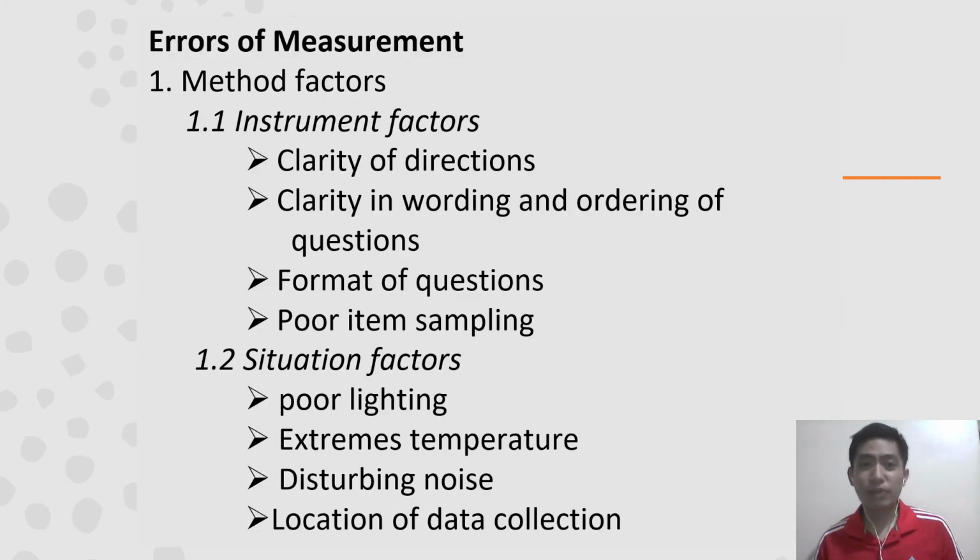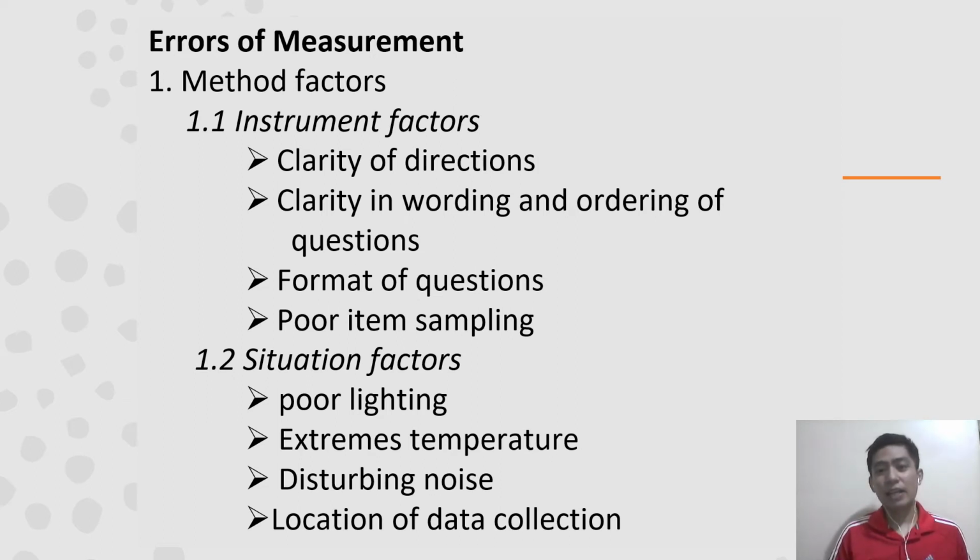Errors of measurement. So we have method factors, we have instrument factors. Some of the questionnaires may have no directions or clarity. So there's clarity in wording and ordering of questions, format of questions, and poor item sampling. For improvement, we should have simple directions, whether to circle, check, or tick.